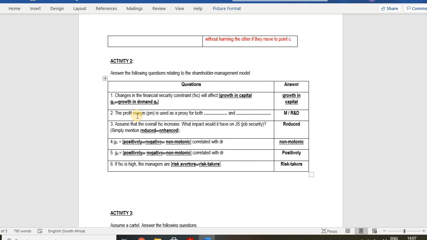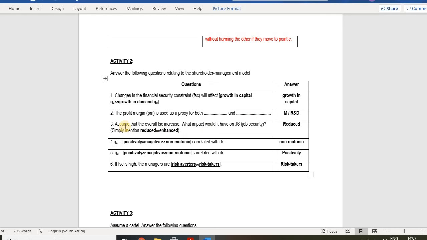Okay, and then the profit margin, PM, is used as a proxy for both dash and dash, which is the answer here will be M and R&D, which in this case is marketing and research and development. Profit margin is used for marketing and research and development in firms.